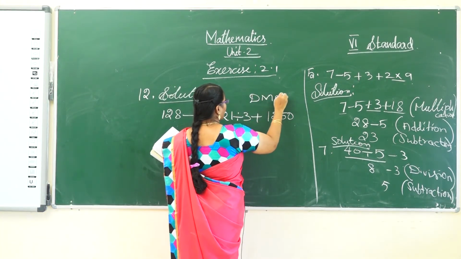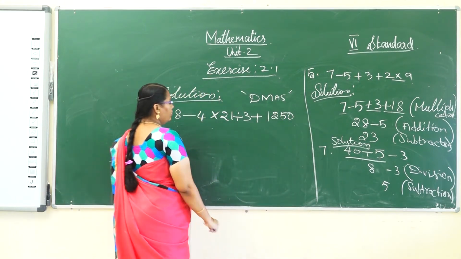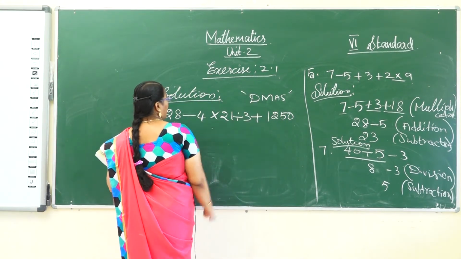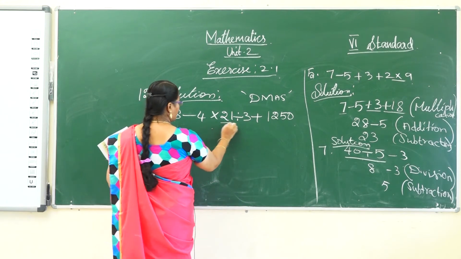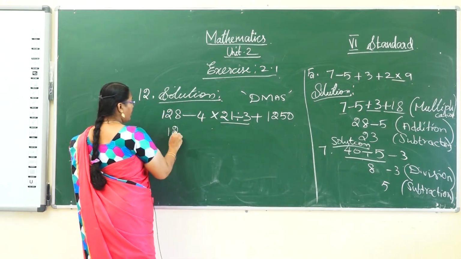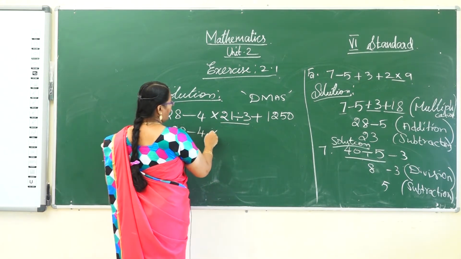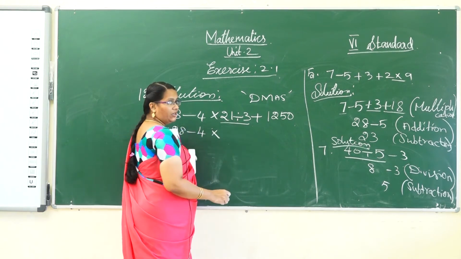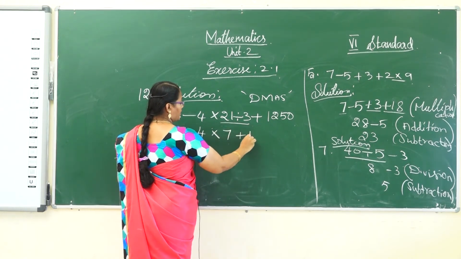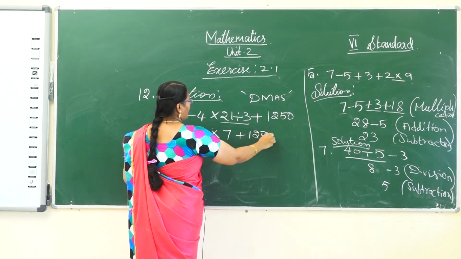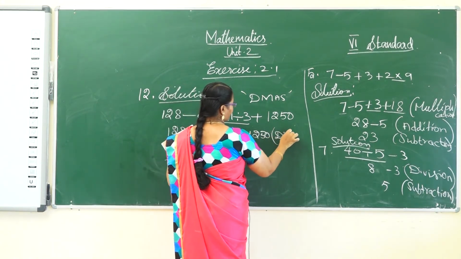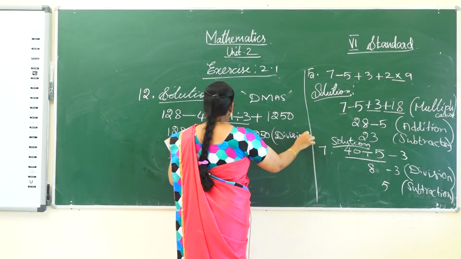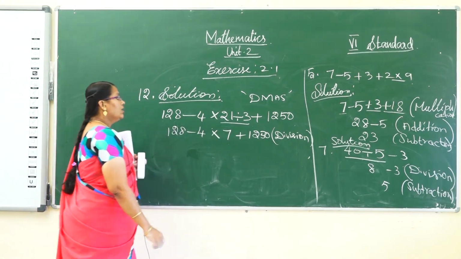First preference to division: 21 divided by 3 is 7.